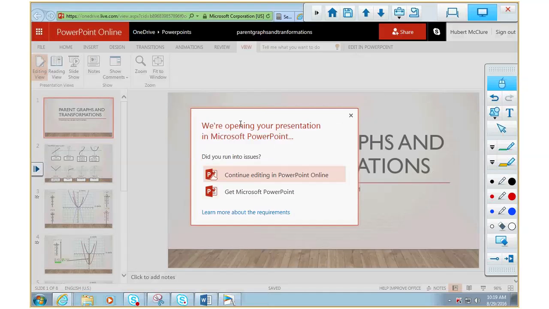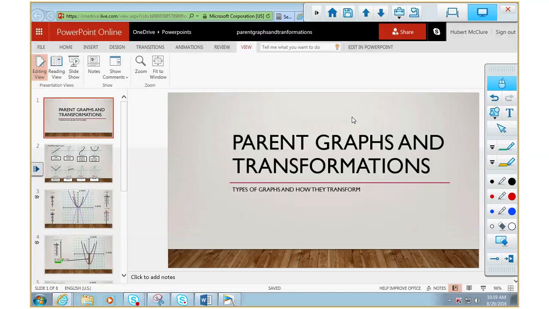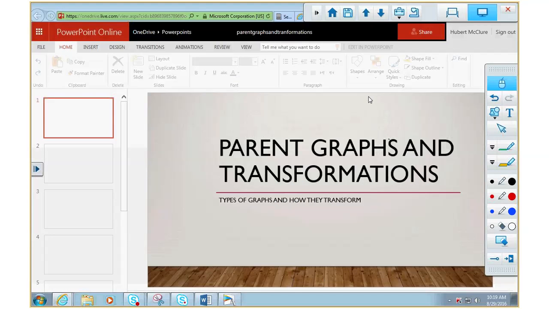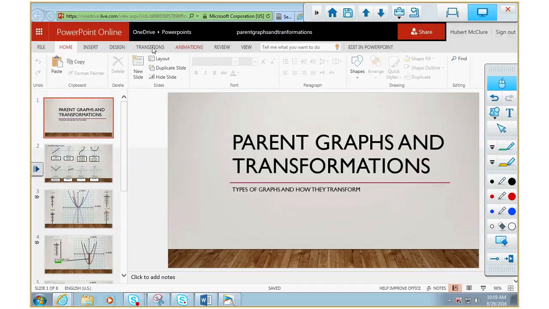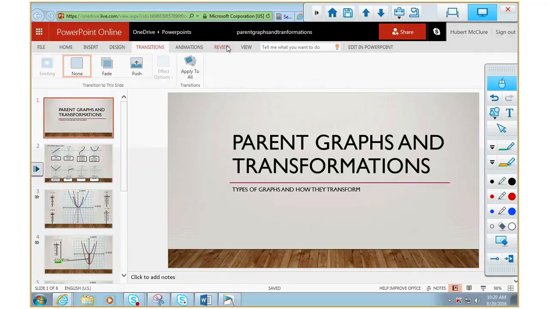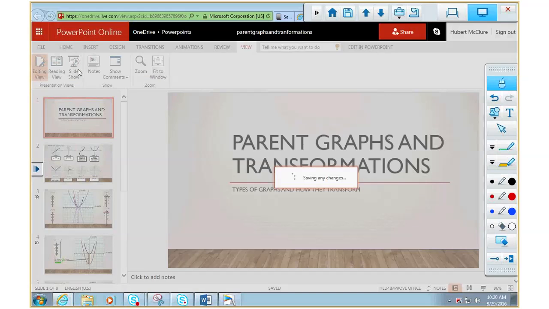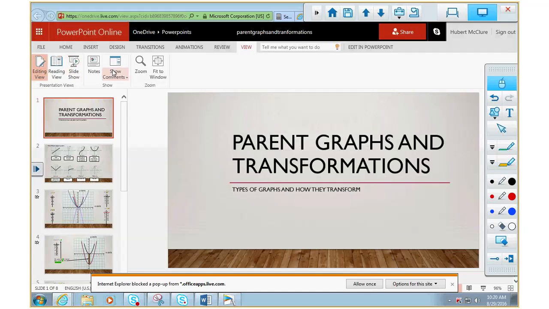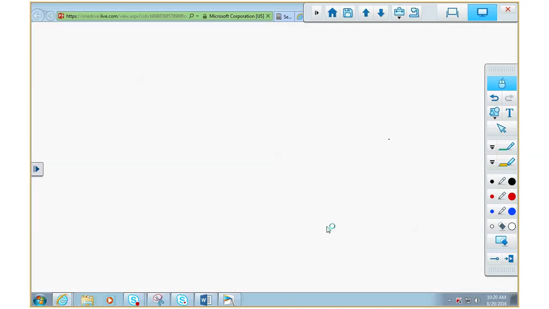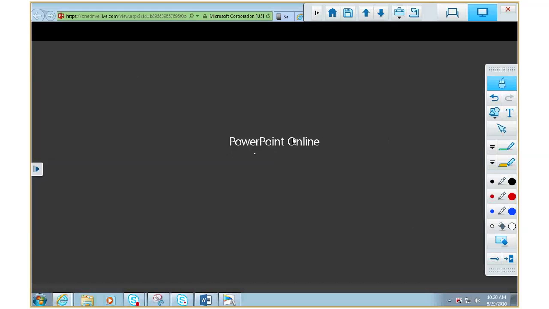I don't want to do that. Okay, slideshow. I don't know why. This is totally different from my computer at home, I'm sorry.